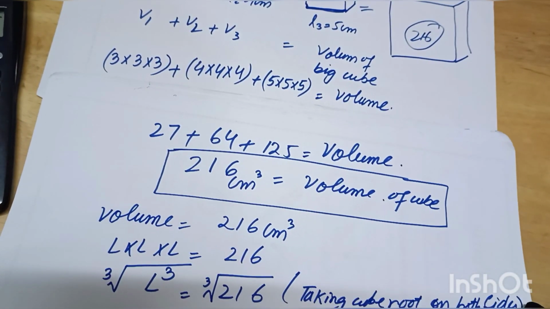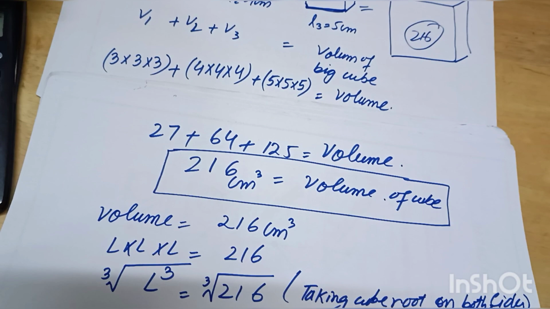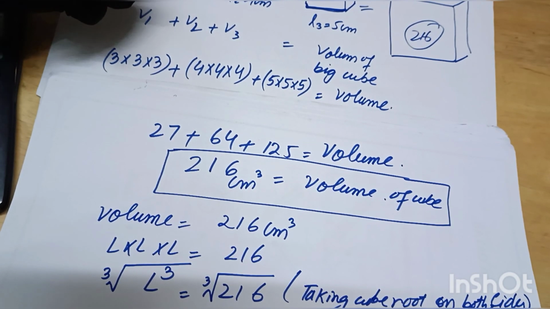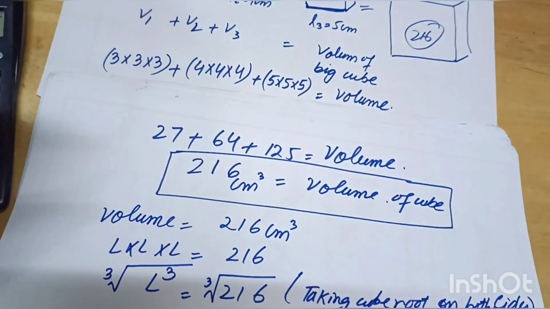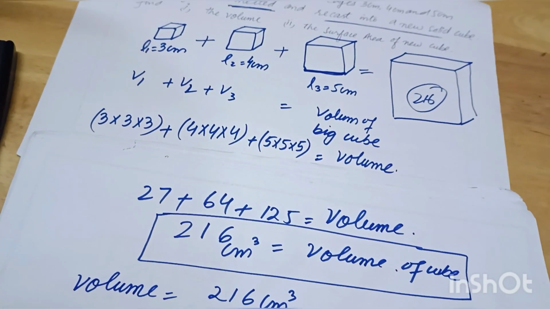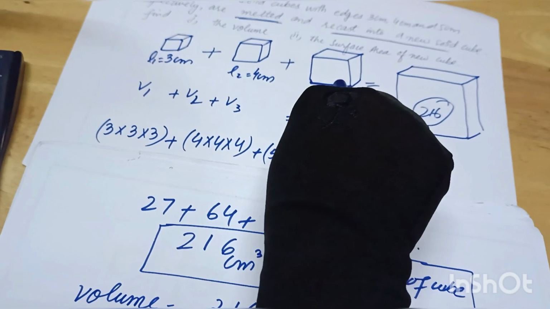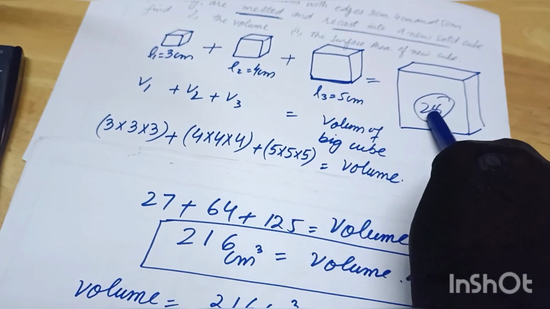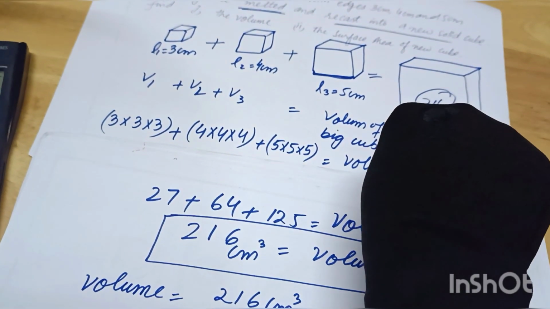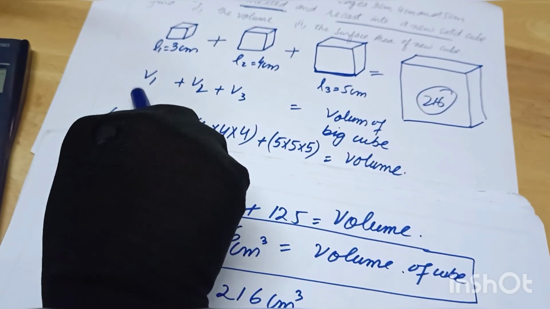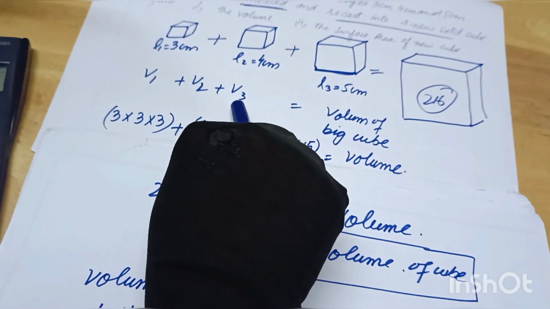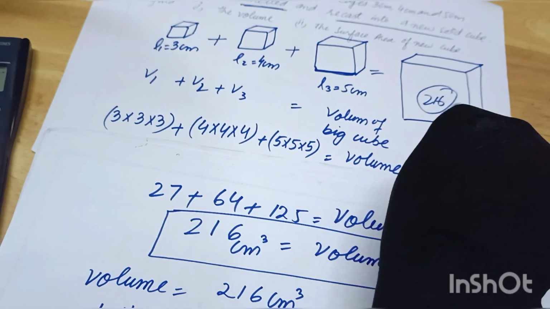Again I will revise what the question was. Three metallic solids, first, second and third, are mixed together, meaning melted together and made into one big solid. So the volume of this plus this plus this will be the total volume of this big cube.